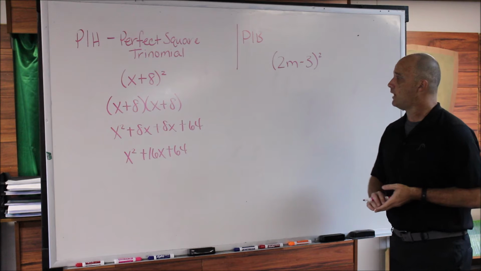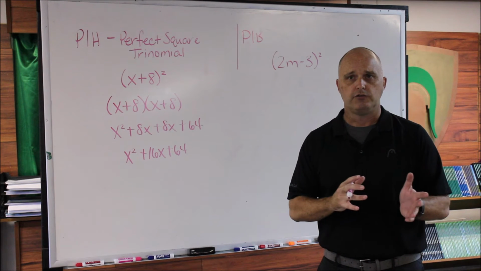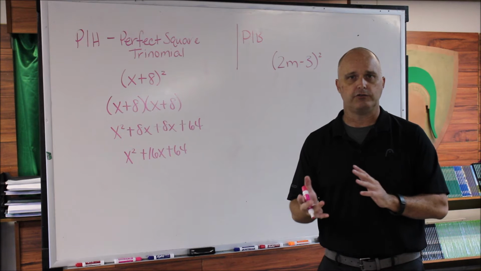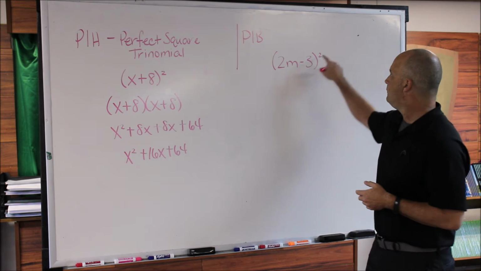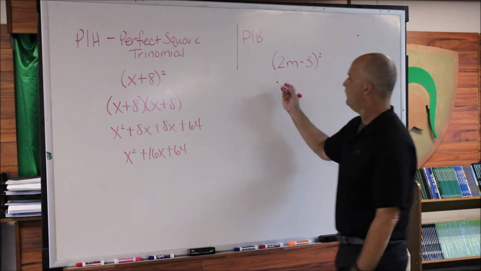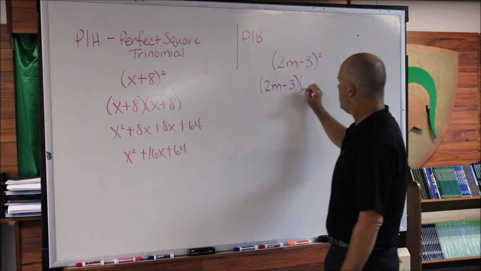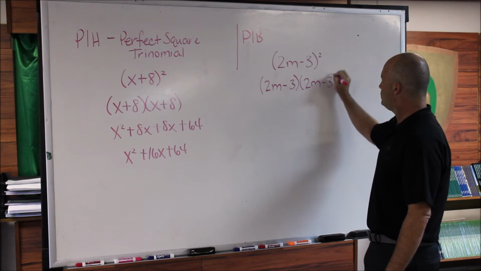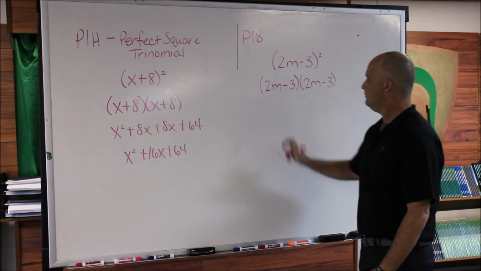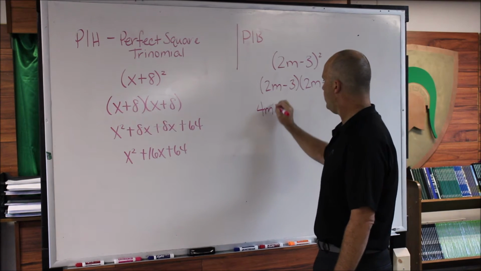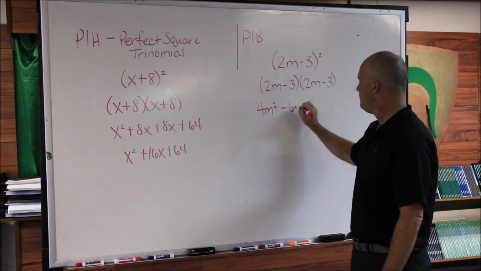Now in the second one, we've got 2m minus 3 squared. Don't allow this to fluster you at all. Just follow your rules. You know that if you've got something being squared, it's times itself. So 2m minus 3 times 2m minus 3. And so we're going to apply FOIL. 2m times 2m is 4m squared. 2m times negative 3 is negative 6m.